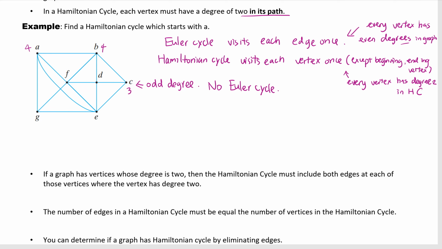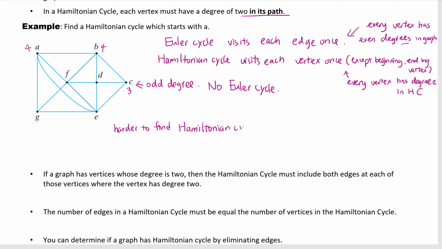But do we have a Hamiltonian cycle? In fact, in this case yes, and it's usually harder to find a Hamiltonian cycle.